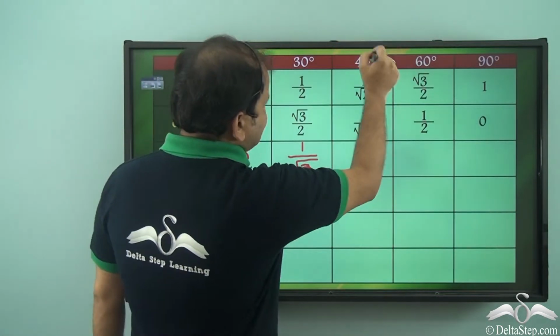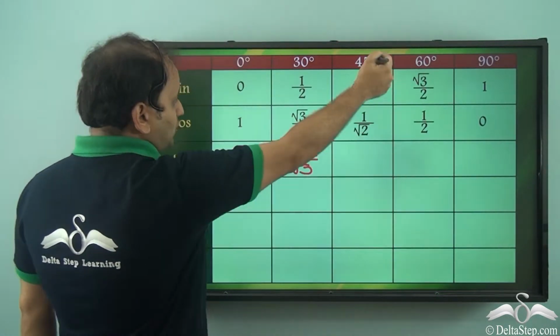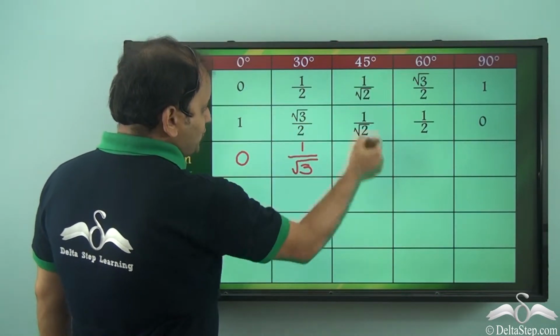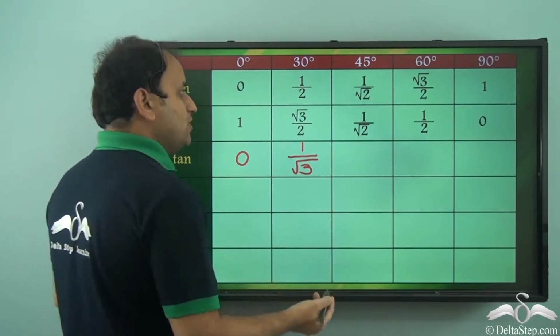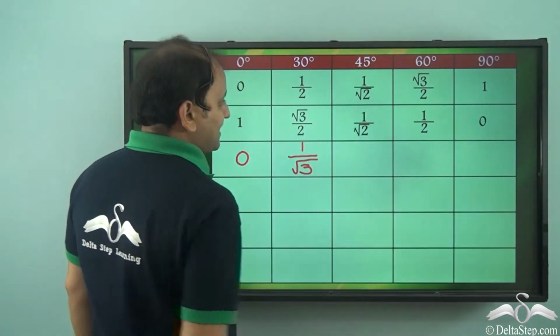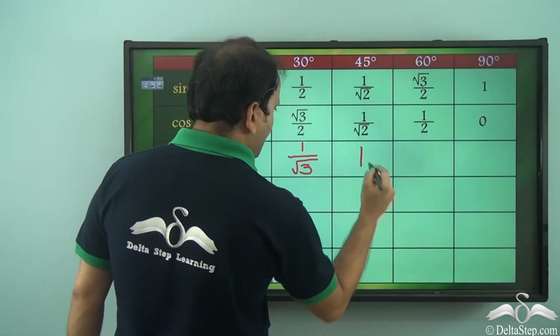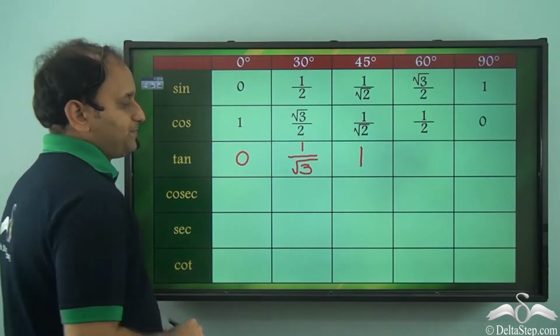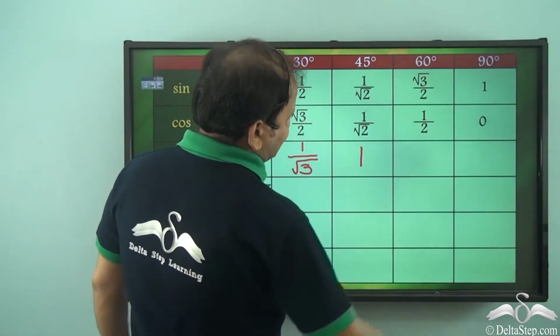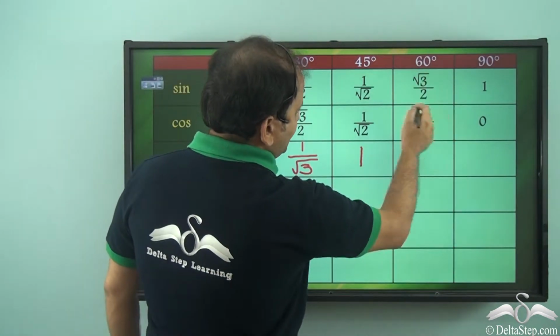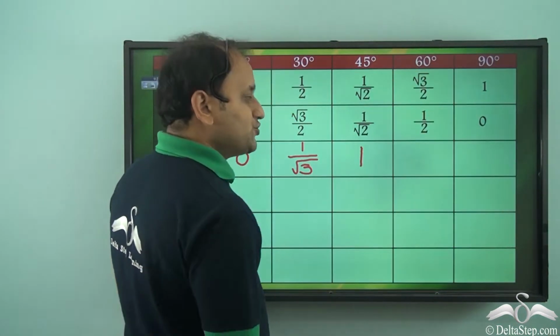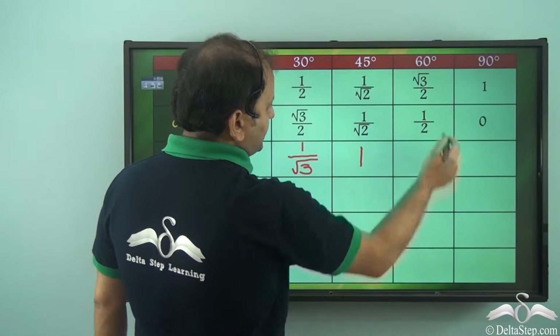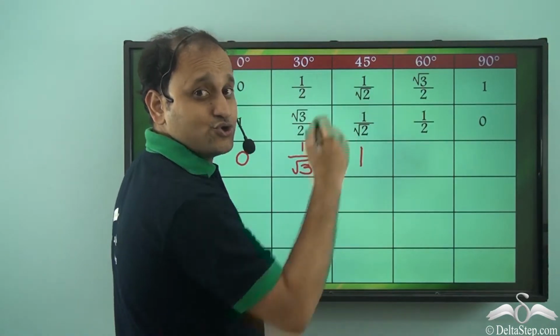Now let's come to tan 45 degrees. So it will be 1 by root 2 by 1 by root 2. So if a number is divided by itself, we always get 1 as the answer. Now for tan 60 degrees, root 3 by 2 by 1 by 2, which is root 3 by 2 into 2 by 1.